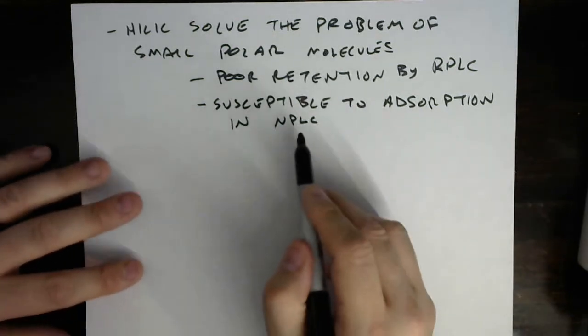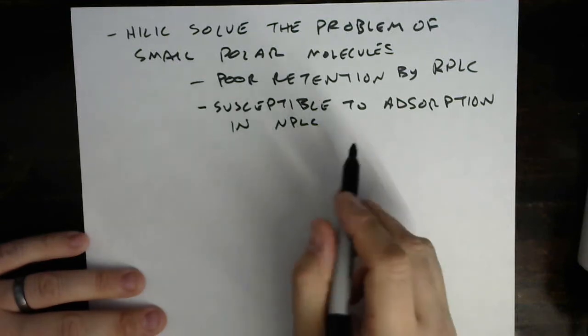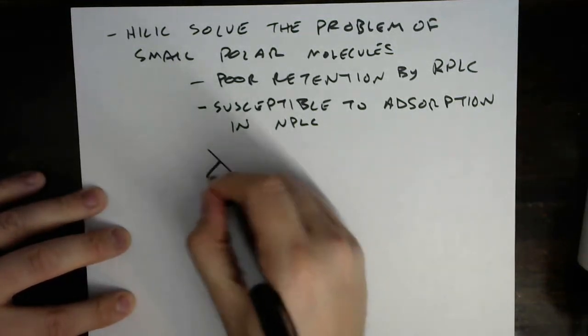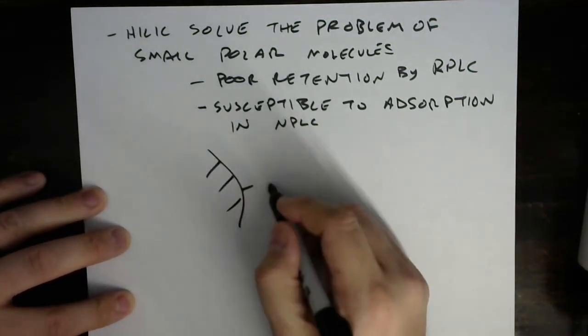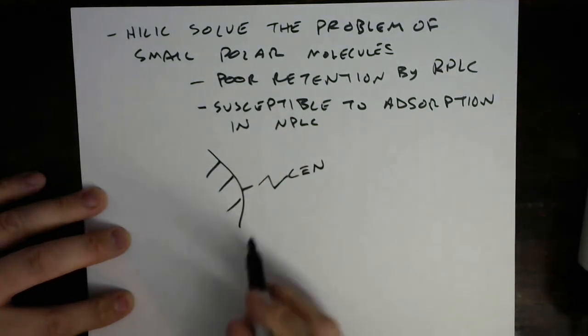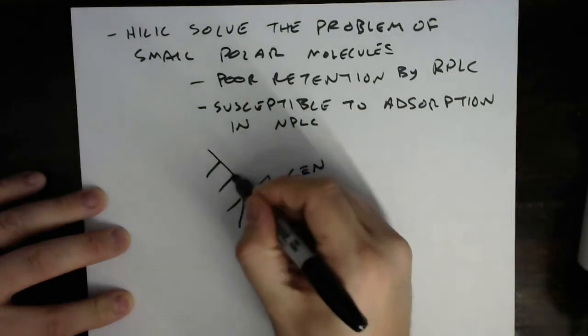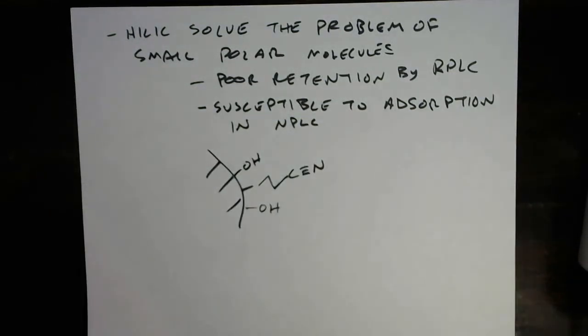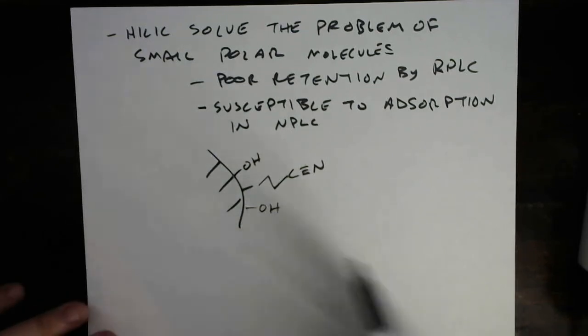We do get retention of polar molecules in NPLC, but if you picture one of these NPLC particles, and here's, I don't know, a cyano group, right? Remember, we have all these down here that weren't properly derivatized, and maybe they weren't end capped either. It's not uncommon at all to buy columns that don't have any end capping.